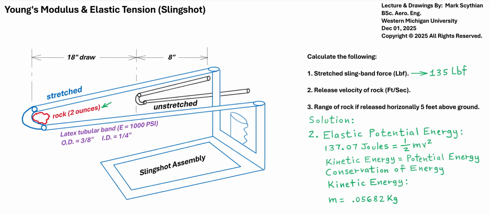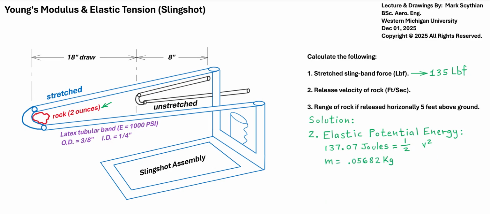And so we then substitute the m into the kinetic energy right side component, then multiply times v squared. We divide half the mass, multiply times v squared.